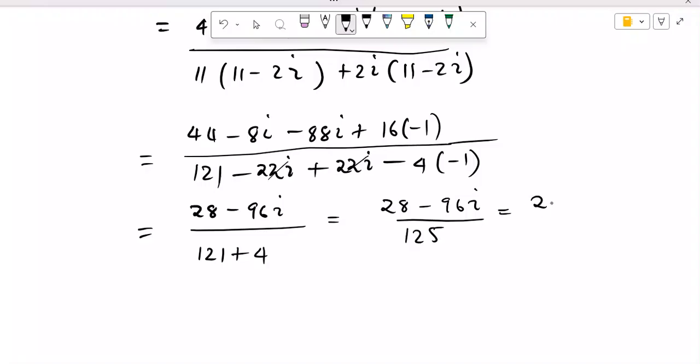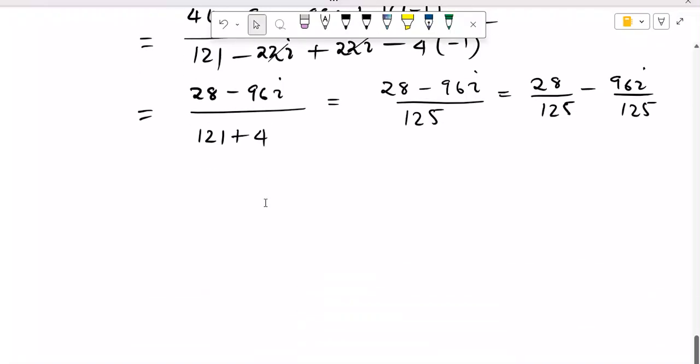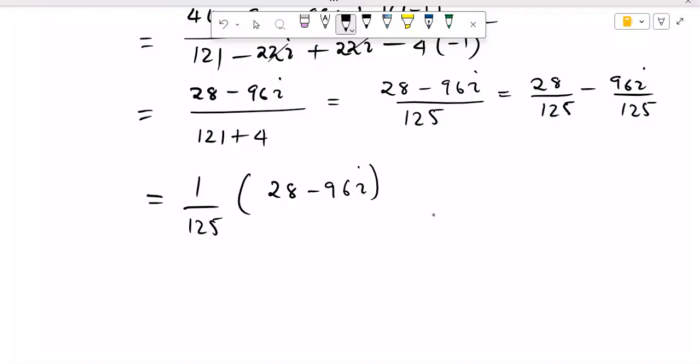So this is just 28 over 125 because this divides every number on top, like the denominator, minus 96i over 125. Or if you want, you can write like this. It's the same. 1 over 125, then you open bracket, 28 minus 96i. It's the same.